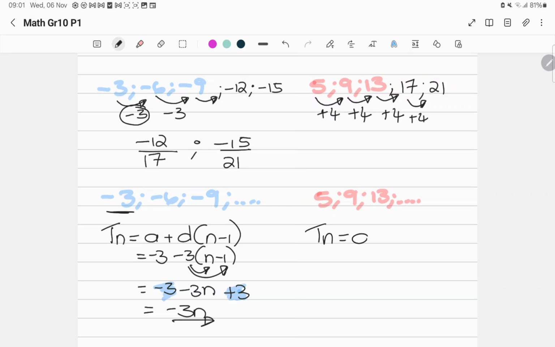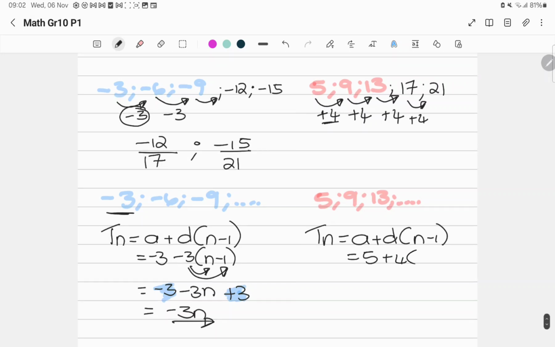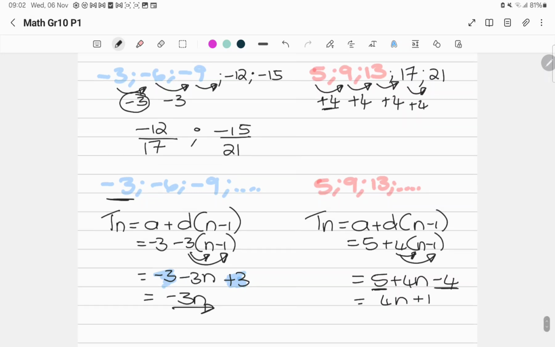So I'm going to say Tn equals a plus d bracket n minus 1. So my first term is 5. My constant difference is 4. Put my brackets, and when I multiply them out, it's going to give me 5 plus 4n minus 4, and then I have 5 minus 4, which gives me 4n plus 1.